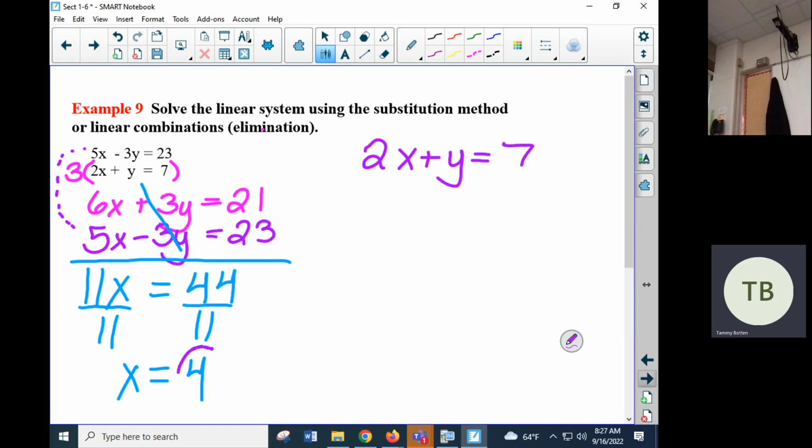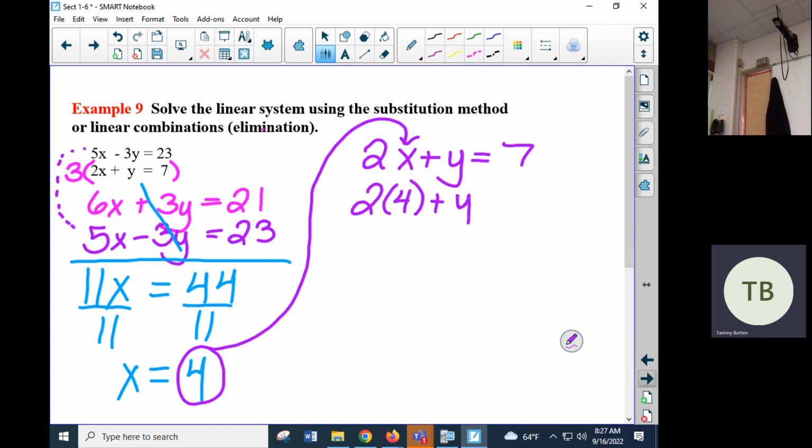And you're going to take this x and you're going to put it in there and then solve for y. So you're going to go 2 times 4 plus y equals 7. And then 8 plus y is 7. And then you're going to subtract 8.